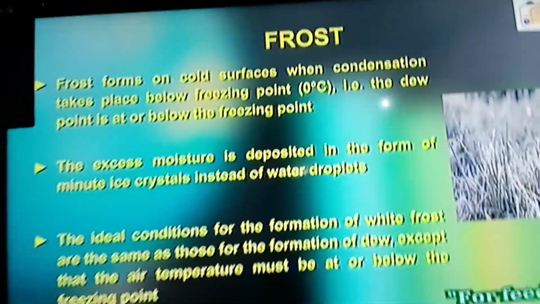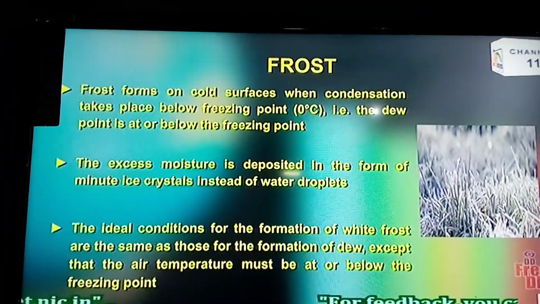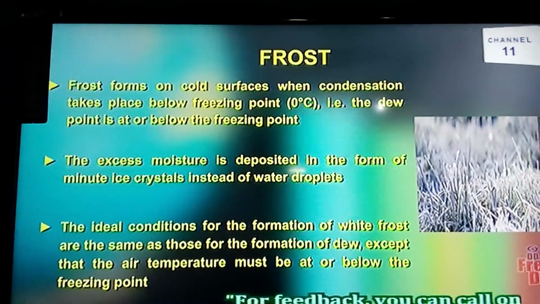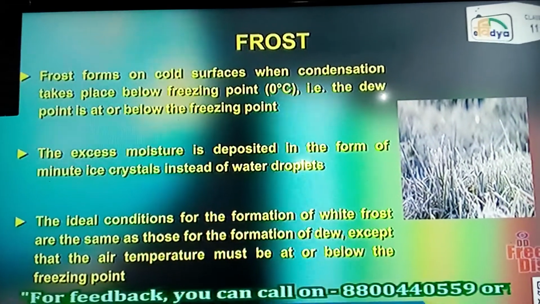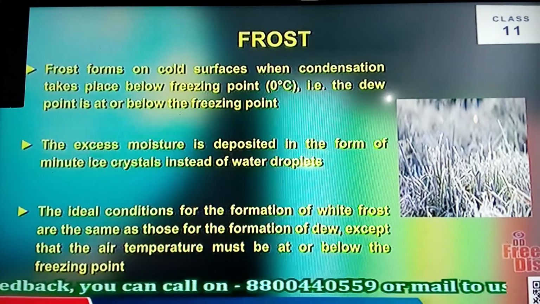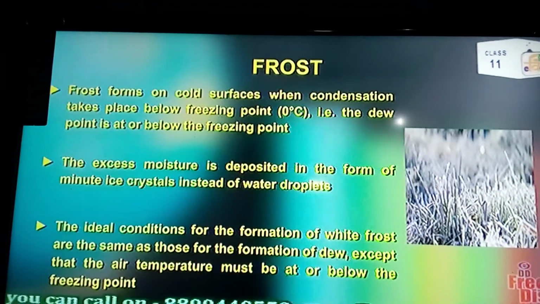The ideal conditions for the formation of white frost are the same as those for the formation of dew, except that the air temperature must be below or at the freezing point. So children, both these phenomena are on the grasses and stones and other objects, but it varies from solid to a little liquid. Fog and mist.